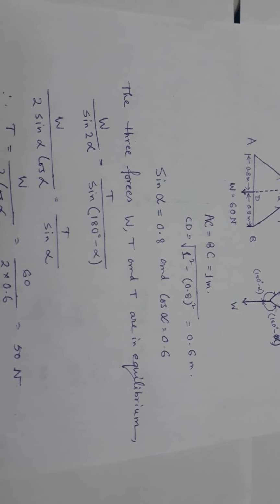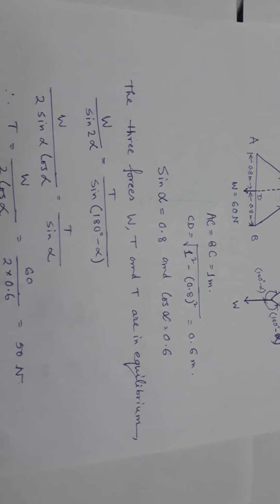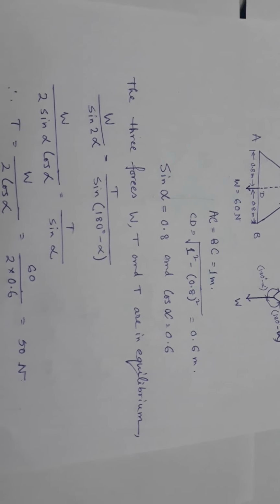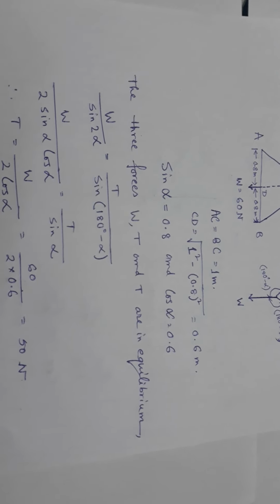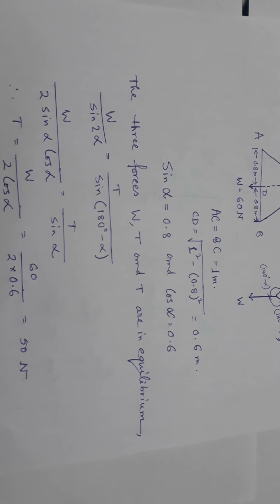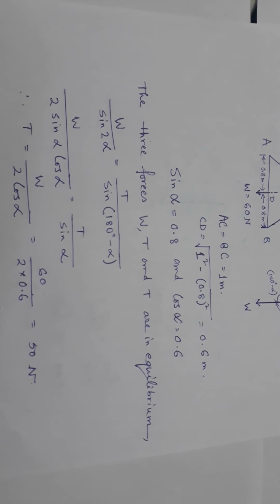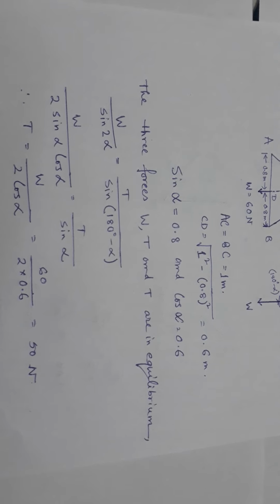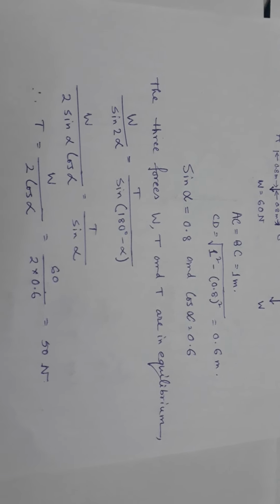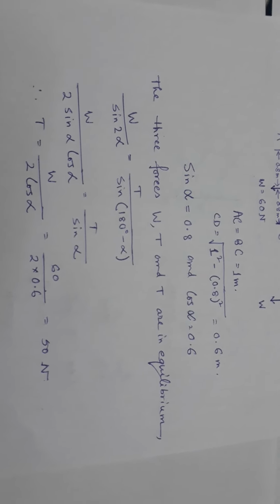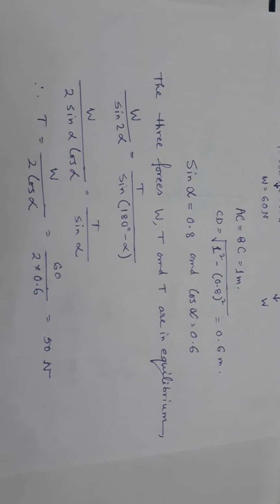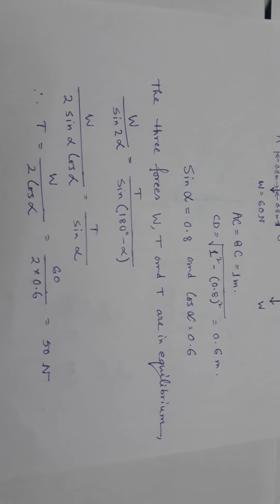The formula of sine 2 alpha equals 2 sine alpha cos alpha, and sine 180 degree minus alpha equals sine alpha. So W times 2 sine alpha cos alpha equal to T sine alpha.